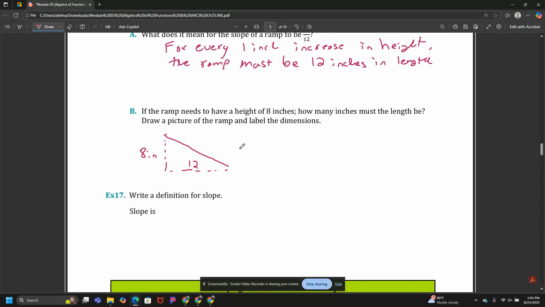We need to figure out how high it has to be. So we know our ratio is 1/12, which is equal to 8 inches over x, but we don't know how long this ramp needs to be. So I can cross multiply. 8 times 12 is going to equal 1x. 8 times 12 is 96. 96 will equal x, so 96 inches.